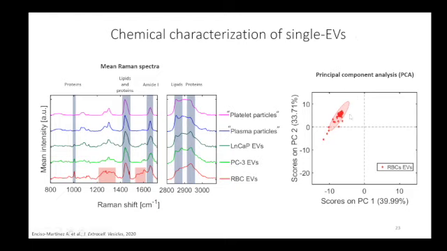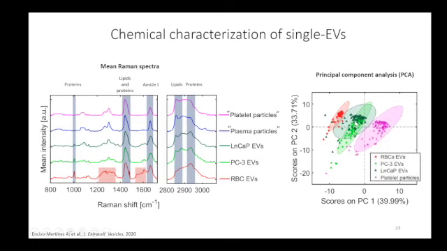So here in this scatter plot, each dot represents a single particle. Here we have the red blood cell vesicles clustered together, separate from the prostate cancer-derived vesicles, which were clustering together here. And these cluster separate from the particles in the platelet concentrates, which in fact cluster together with the particles in the plasma.